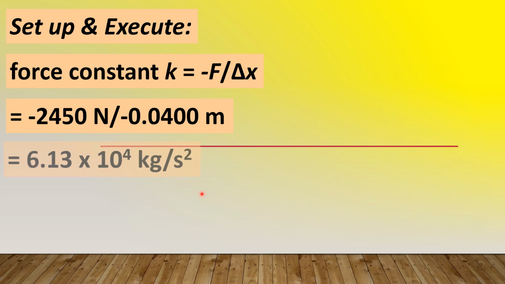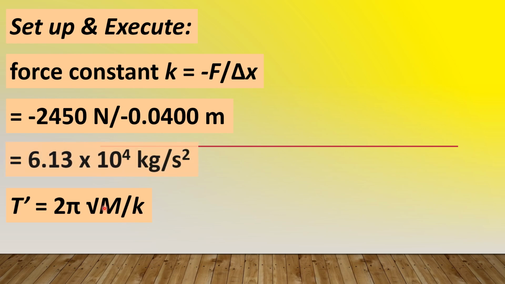Now we are given the period of oscillation, capital T prime, whose formula is 2 pi multiplied by the square root of capital M divided by K, where capital M is the total mass of the car and its occupants.